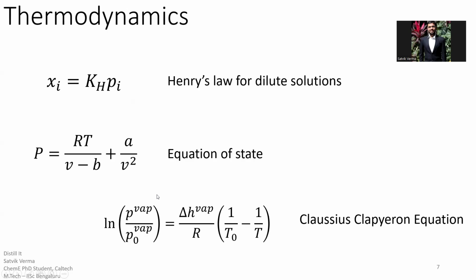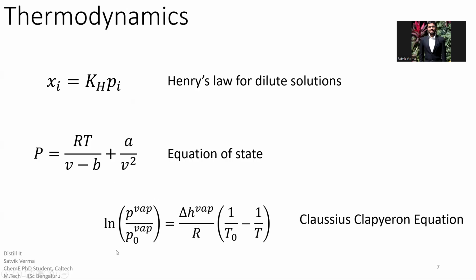Now once again, let's say we want to calculate the heat of vaporization for this particular gas. And let's say the heat of vaporization is constant, or if we are doing it over a temperature range, we could say that the heat of vaporization that we get from here is an average heat of vaporization. Then how would you get this heat of vaporization?